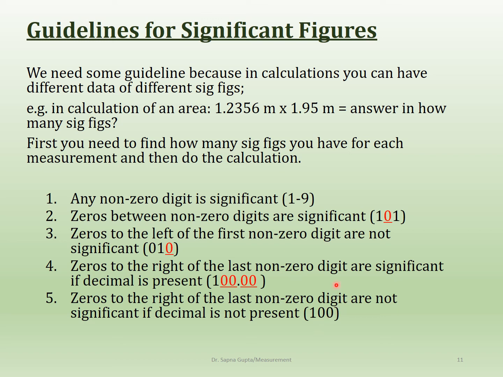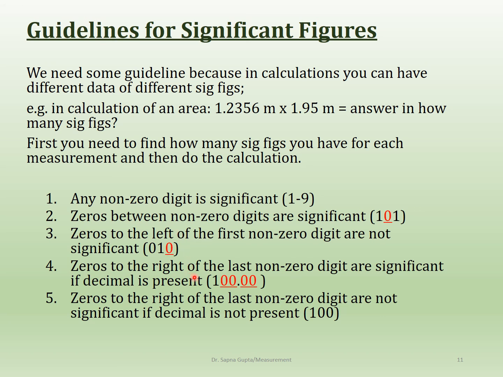Okay, so let's go over this again. If you have zeros between numbers, that's significant, and zeros before any kind of number are not significant. After it, yes. And number 3 and number 5 are kind of similar. Okay, so you have to see whether you have a decimal place or not, and then count that zero as significant or not.